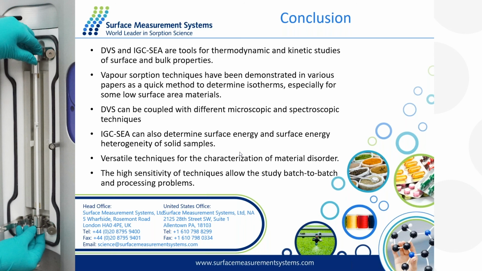But for surface energy, IGC only uses the very finite dilution range, very small concentration, so we can still measure the surface energy of those porous materials. For porous material like some activated carbon with a surface area of more than 100 square meter per gram, we only need about 3 or 4, less than 10 milligrams of sample. So of course we can use a column with only 20 milligrams.